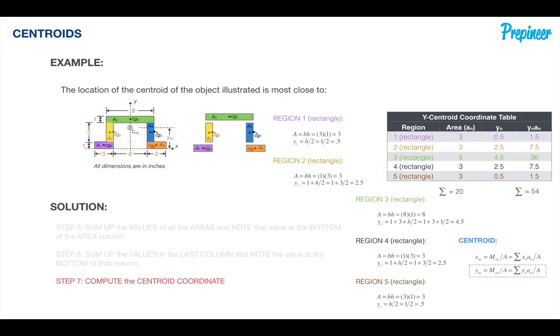And with the y-coordinate for this centroid, our only concern at this point, I highlight it. And plugging in our values, 54 divided by 20, we're going to get a y-coordinate for our centroid located at 2.7 inches up from the x-axis.